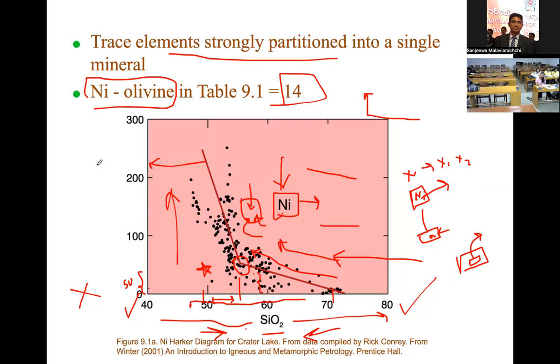We haven't gone to crustal melting yet, which is very, very complicated. I don't know whether we will have enough time to go into that, but we will finish the mantle melting first. Okay, melting and crystallization then. Right, so do you have any questions?